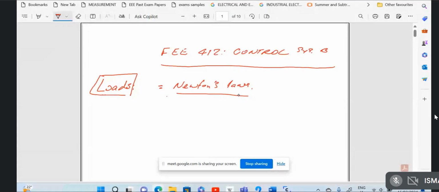Newton has 3 laws, law 1, 2, and 3. So we shall look at them now.